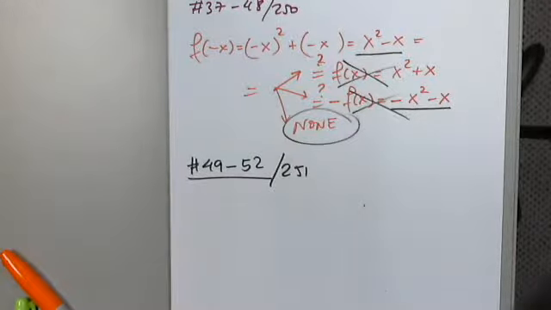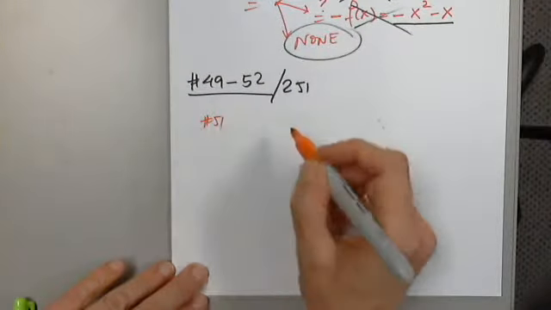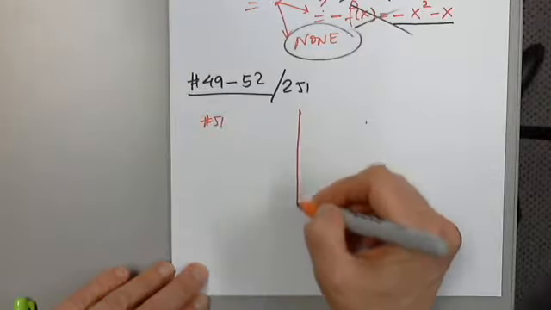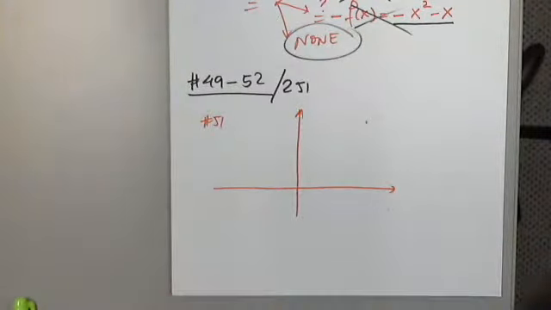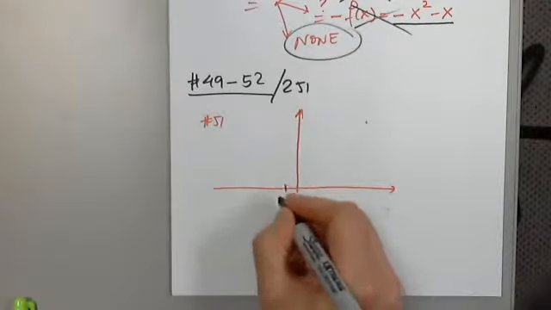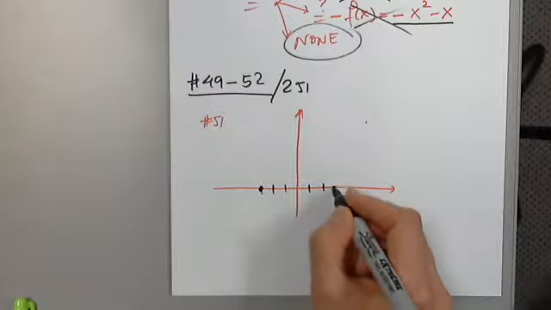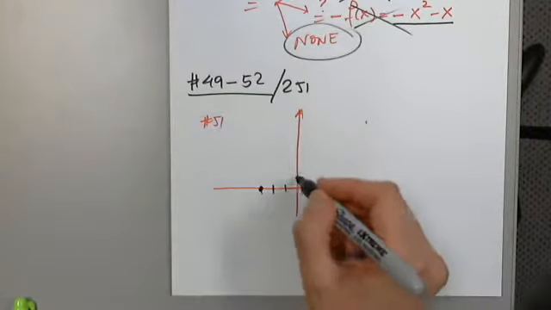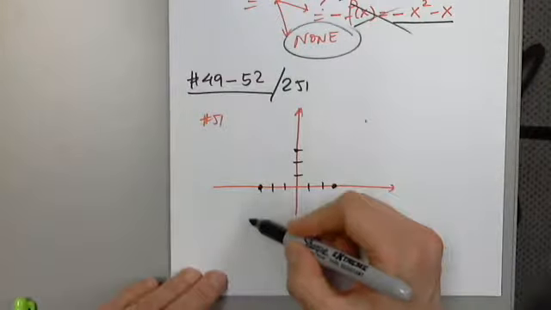So please choose any problem you would like to see. If not, I will choose. Okay, I will choose 51. And here it is. I'm going to go copy the graph. Here's the graph.